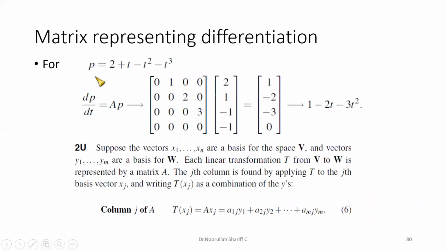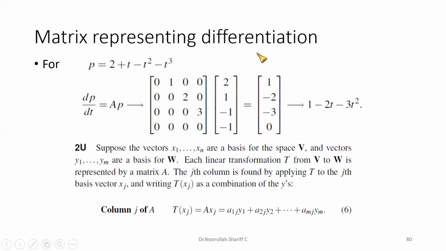Let us take another example of a polynomial, which is p equal to 2 plus t minus t square minus t cube. Now, if you differentiate this, you are going to get 0 plus 1 minus 2t minus 3t square.